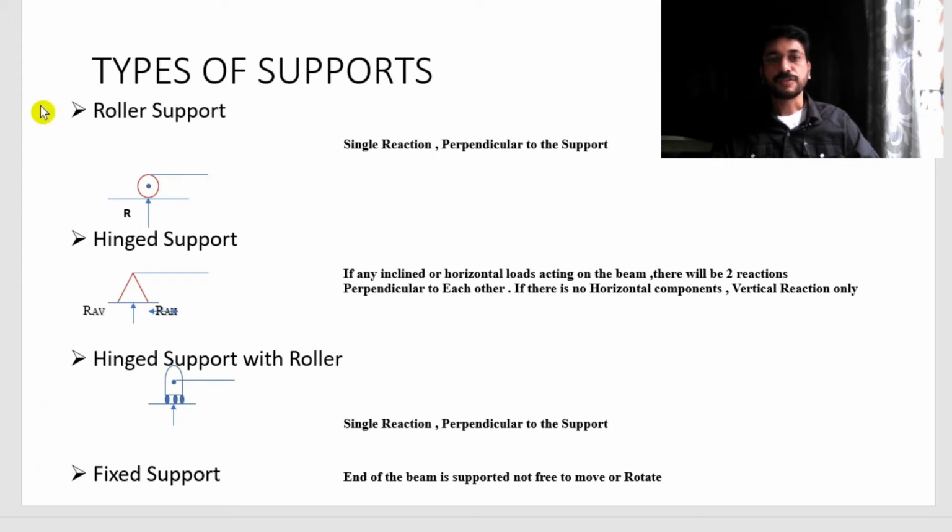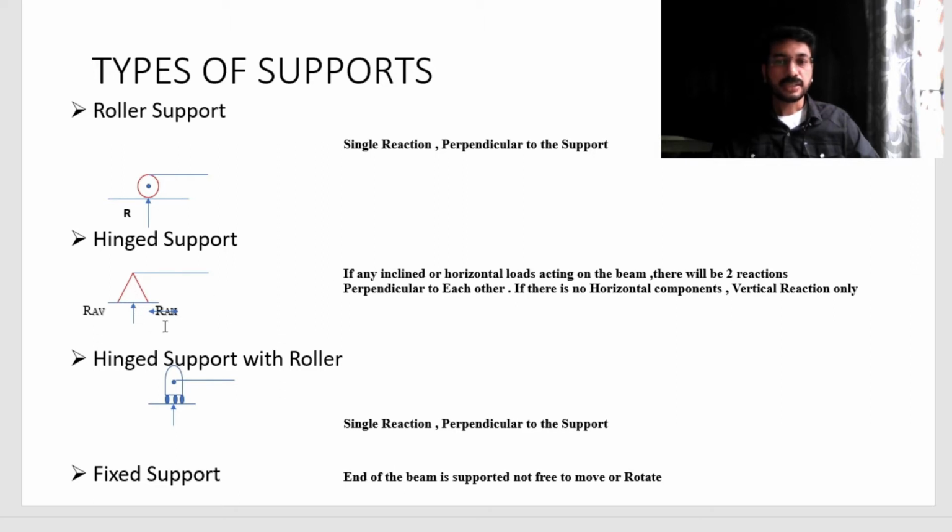What are the conditions of a roller support? In this case, the beam is kept on a roller and this roller is supported, having a single reaction which is perpendicular to the support. In the case of a hinged support, the beam is pinned or hinged to another rigid body and this rigid body is supported.